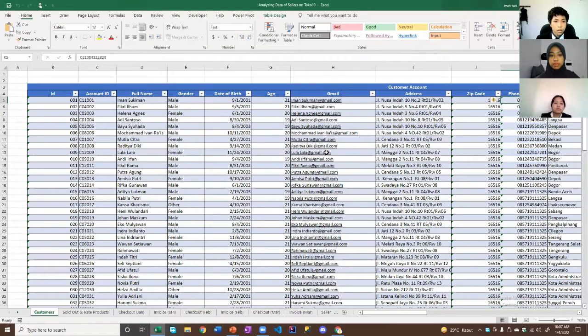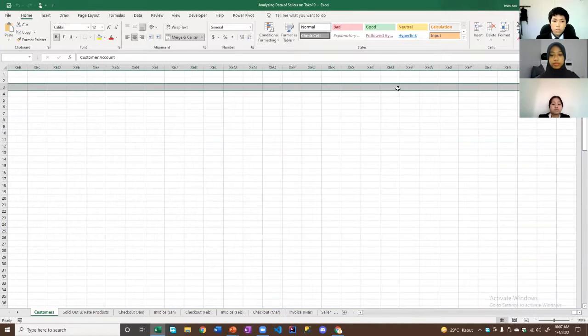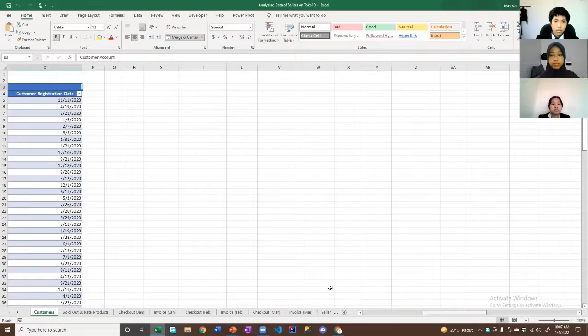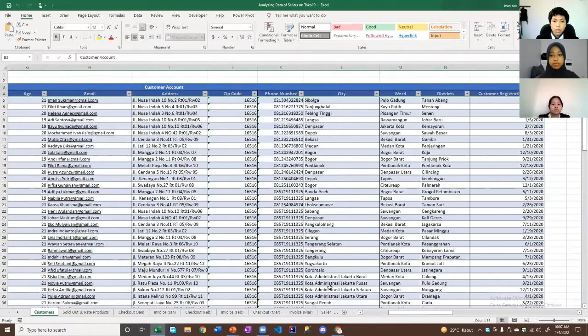Make sure you have already chosen customer's checkout. In the customer account table, it has 14 columns.